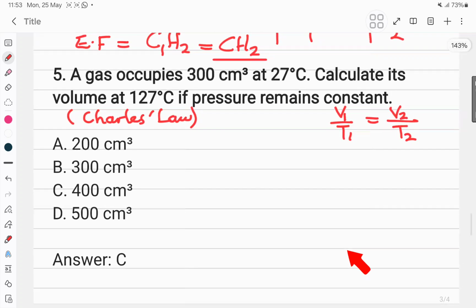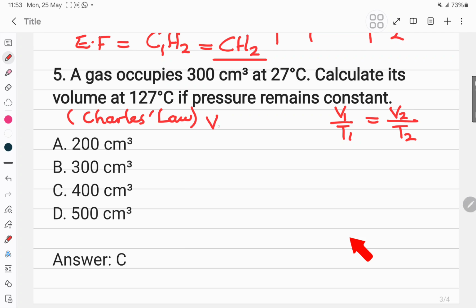Now, whenever you are solving a question on gas law that involves temperature, it is very important that the temperature should be converted from degrees Celsius to Kelvin. You convert the Celsius temperature given to Kelvin temperature by adding 273.